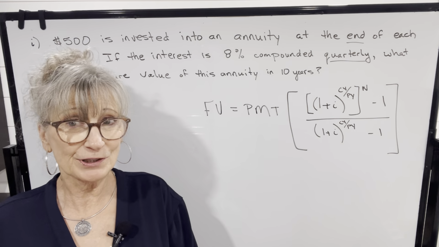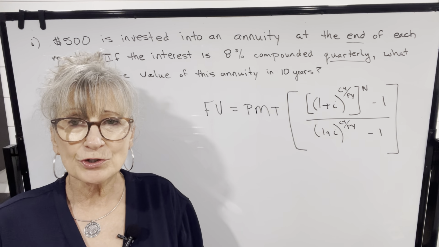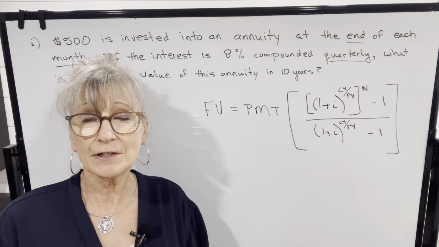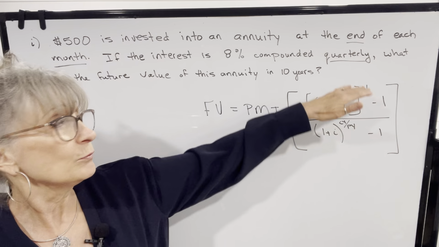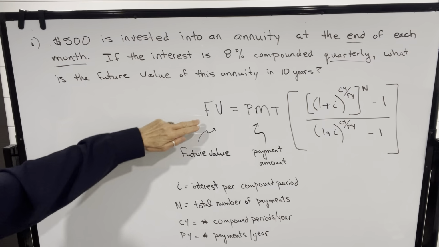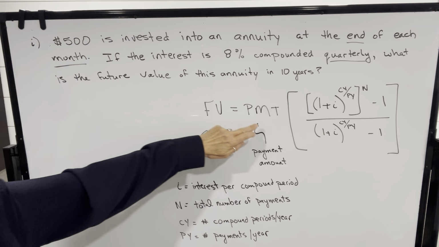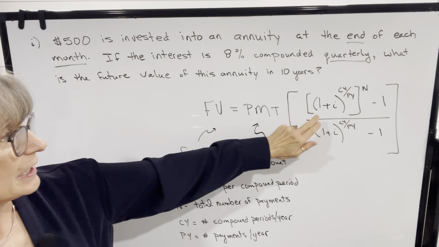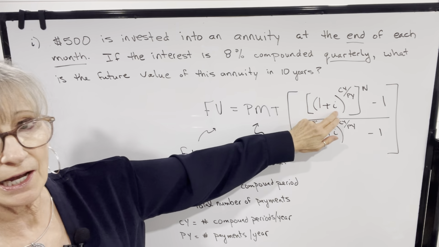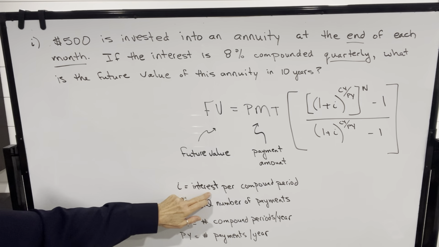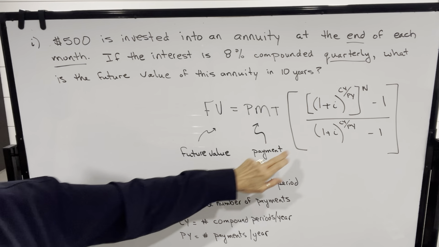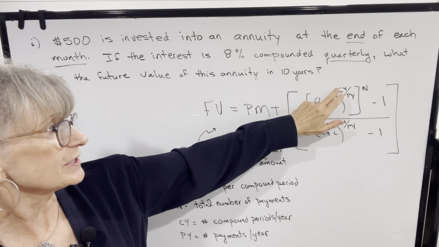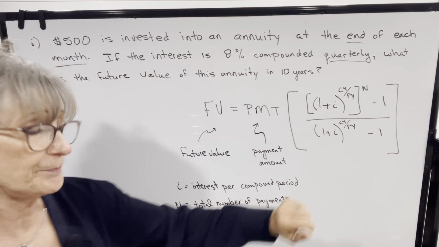Unfortunately, the formula looks pretty intimidating, but let's go through what each of these values represents, and then I'll show you how you can use this formula with this particular example. So future value will equal the payment amount times a series of brackets, but at the innermost we have 1 plus i, where i represents the interest per compound period. All of that is raised to the exponent of CY divided by PY.